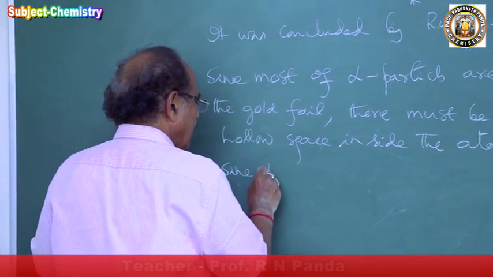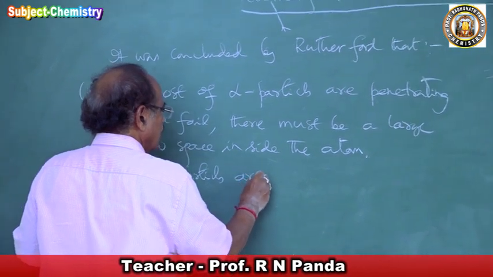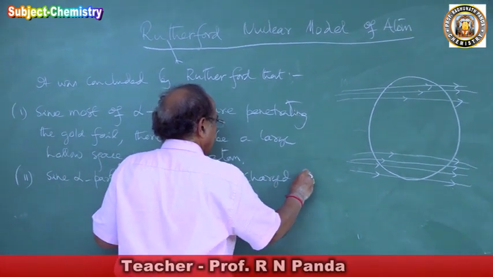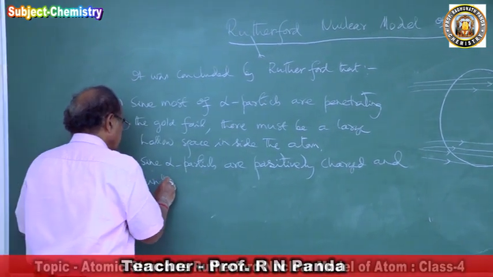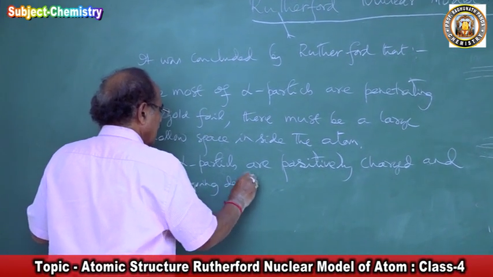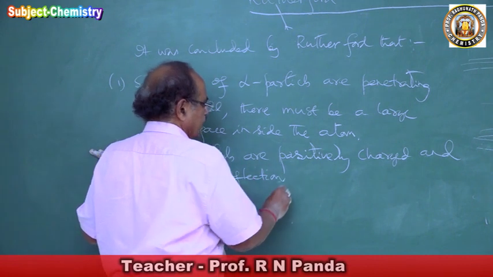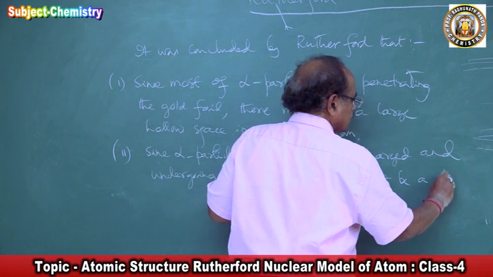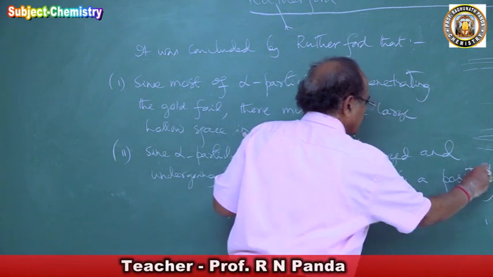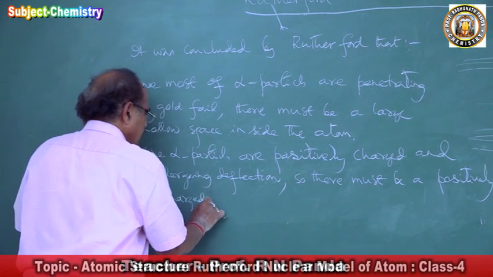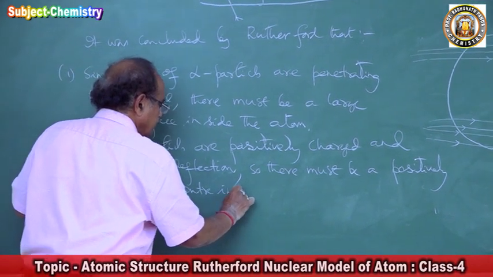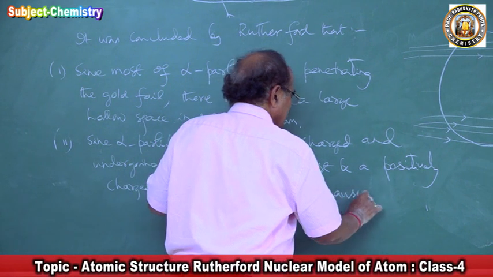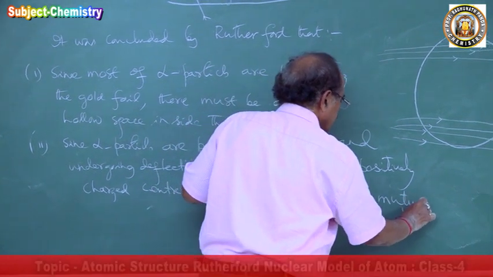Since alpha particles are positively charged and undergoing deflection, there must be a positively charged center inside the atom to cause this mutual repulsion.